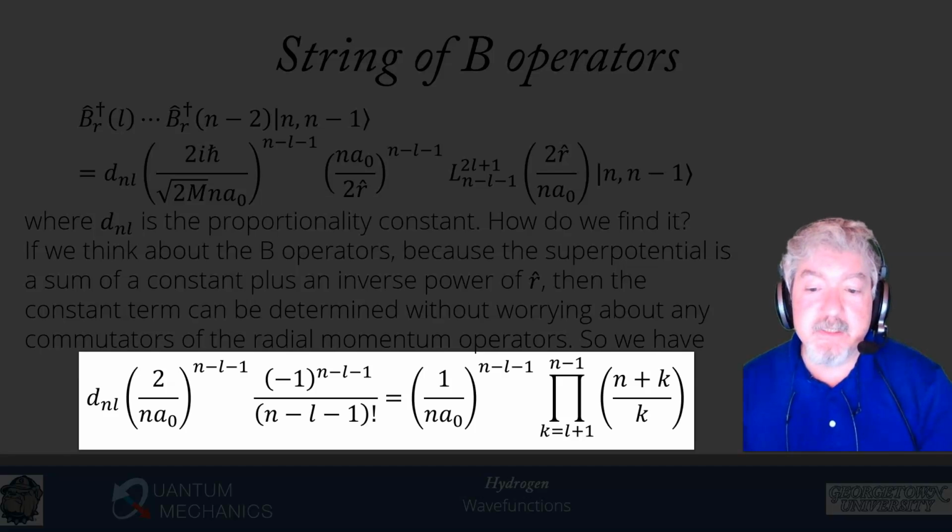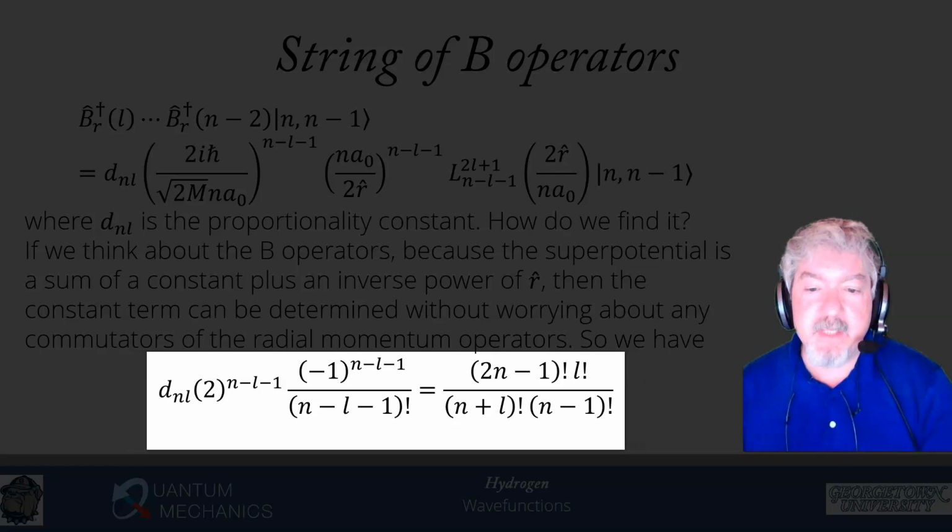And then similarly on the denominator, I have something that's going to look like n minus 1 factorial, but I have to multiply the numerator by L factorial because those lower terms, the ones from 1 to L, are not in that product. So what we get is then this 2n minus 1 factorial, L factorial, divided by n plus L factorial, n minus 1 factorial. Now I can just move those extra constants from the left-hand side to the right-hand side, and I get what d n L is.